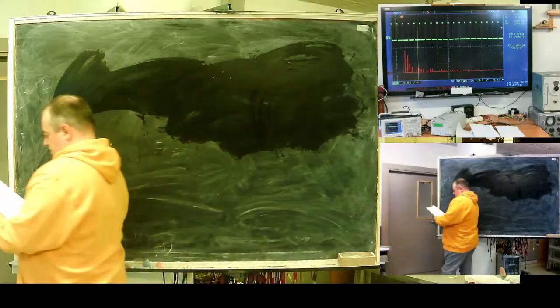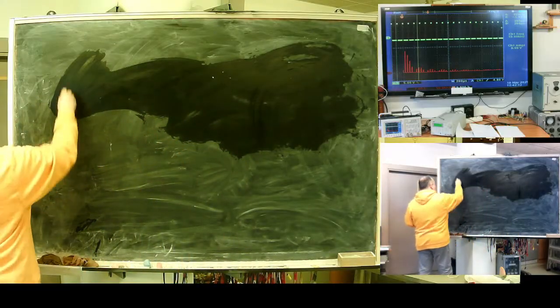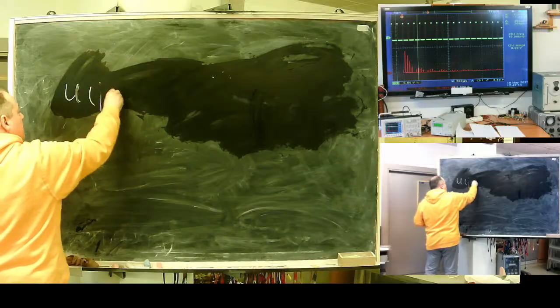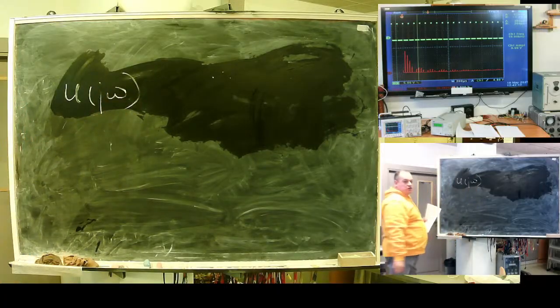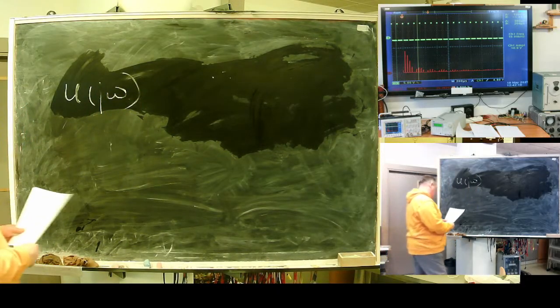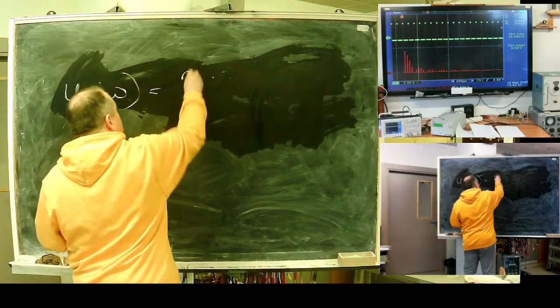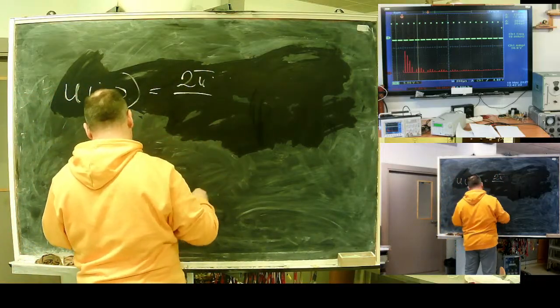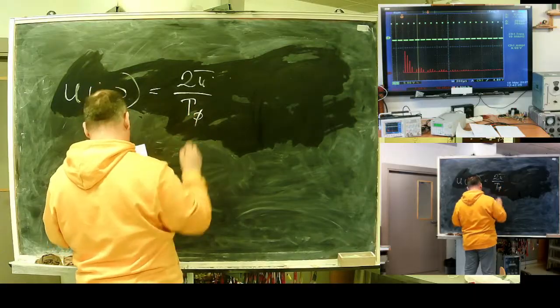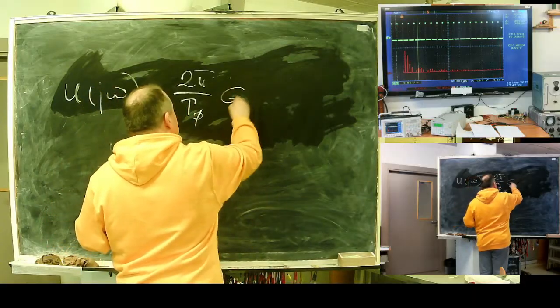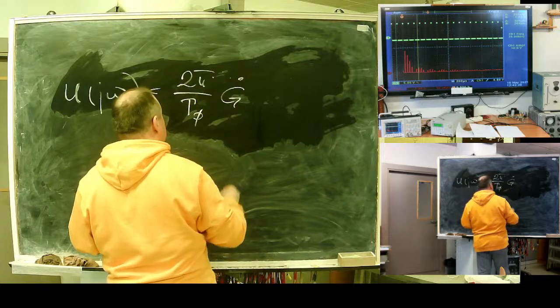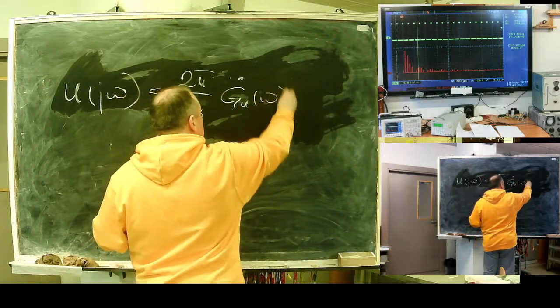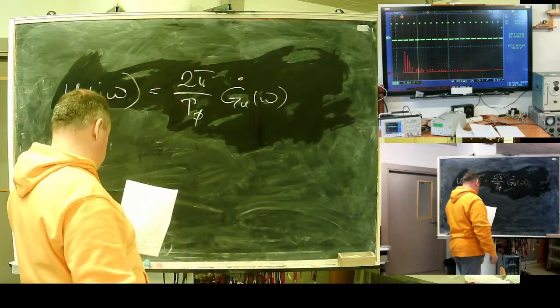So in frequency space, my voltage can be written as a function of complex frequency. It will be 2π divided by T0 times the spectrum function of my signal.